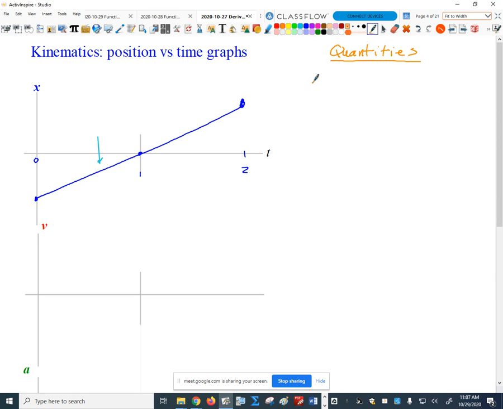Okay, there's two different kinds of quantities. There are scalar quantities, and there are vector quantities. Scalar quantities, there's only one thing that they require, and that is a magnitude, or a number.